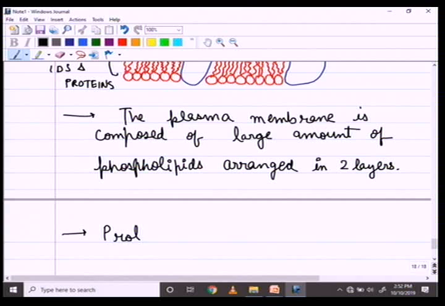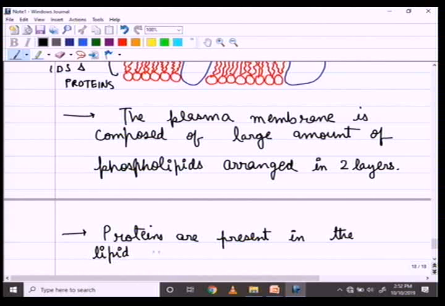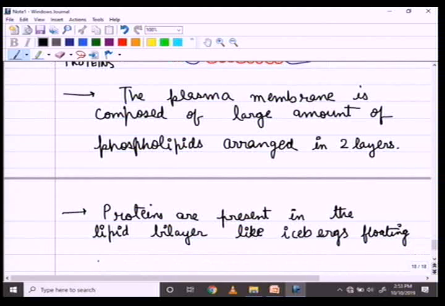Proteins are present in the lipid bilayer like icebergs floating in the sea.